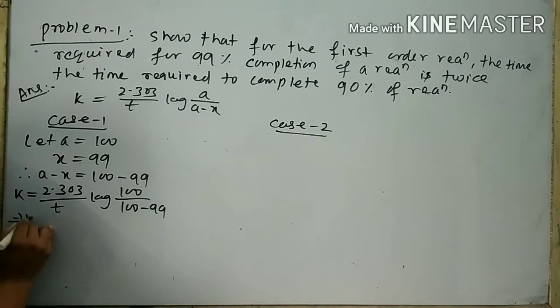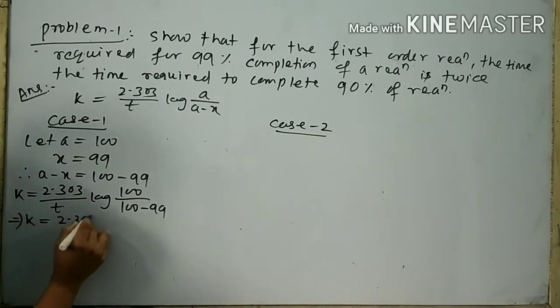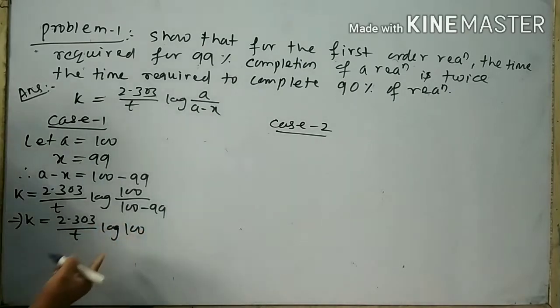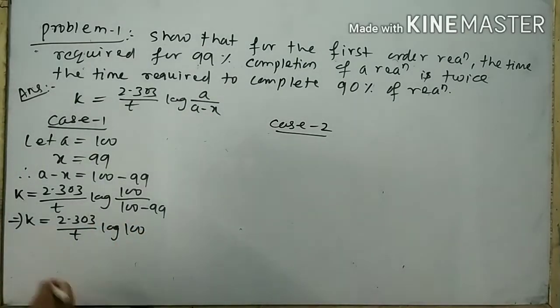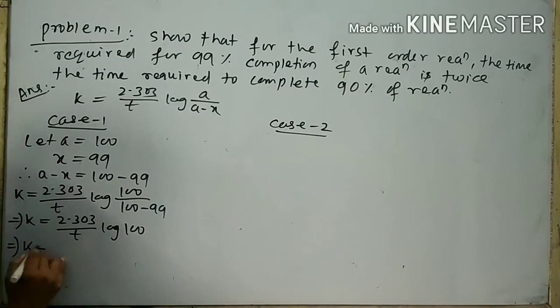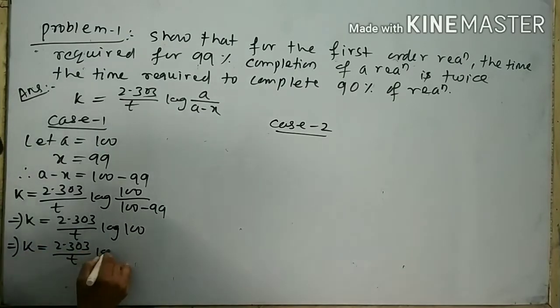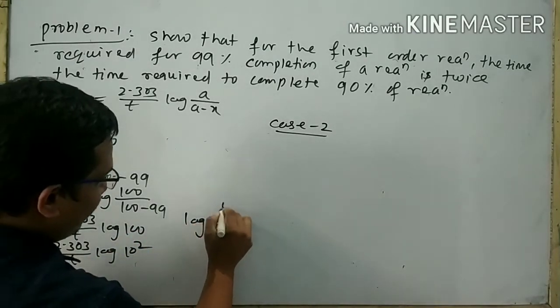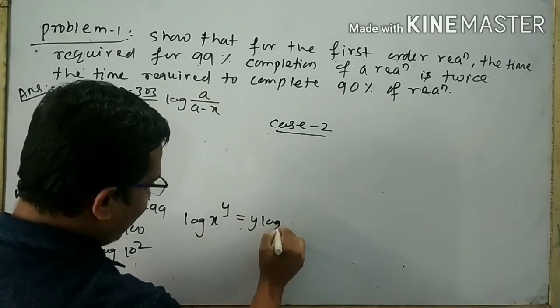Now I can write k is equal to 2.303 divided by t log 100, and the 100 is converted into 10 square. So we can write k equal to 2.303 divided by t log 10 square. We know that log of x to the power y is equal to y log x.